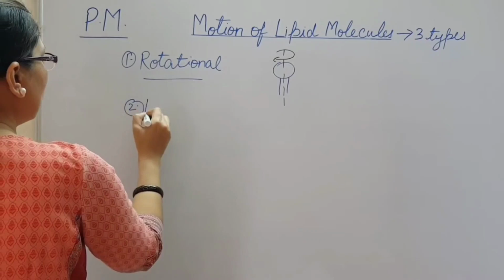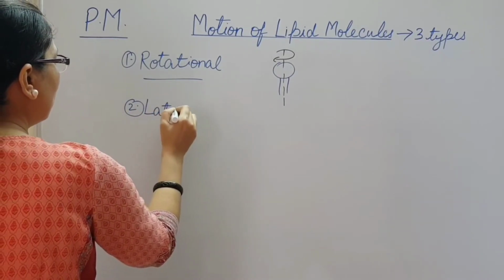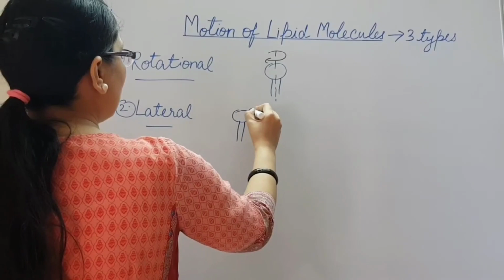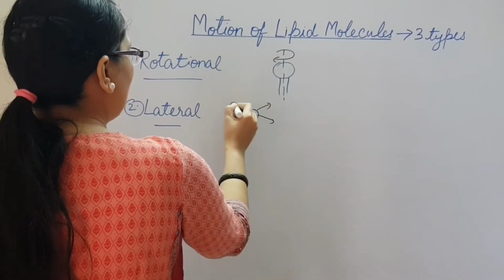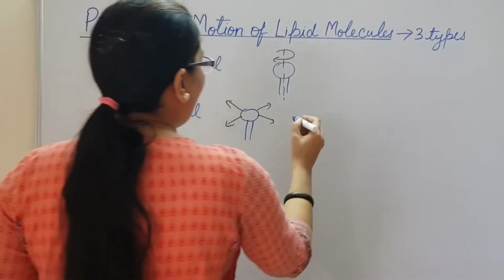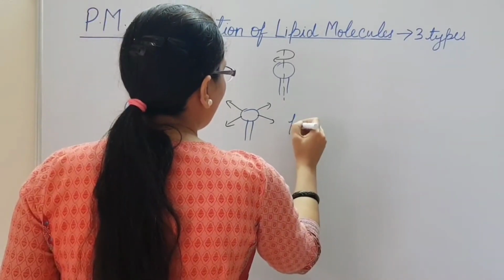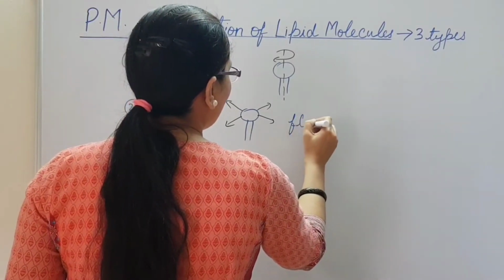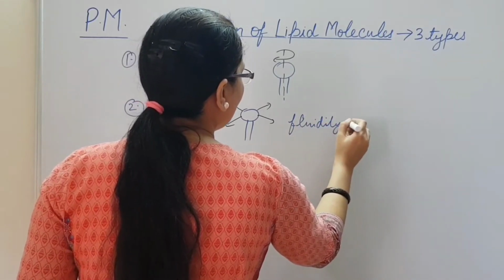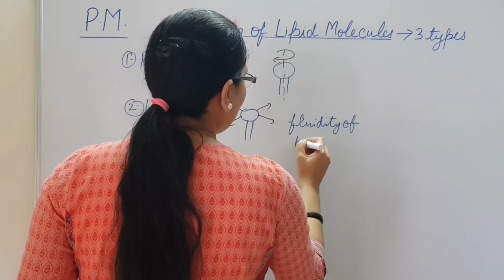Second is lateral motion. This is a lipid molecule and it moves laterally within the leaflet, and it is responsible for the fluidity of the membrane.